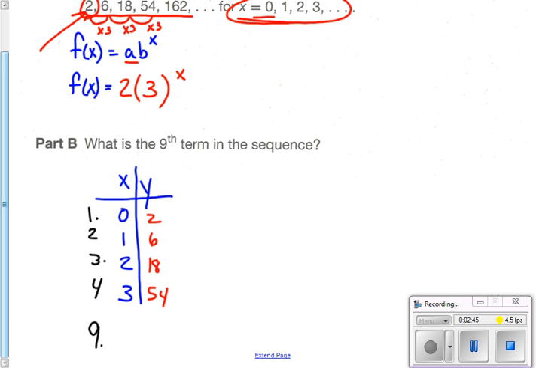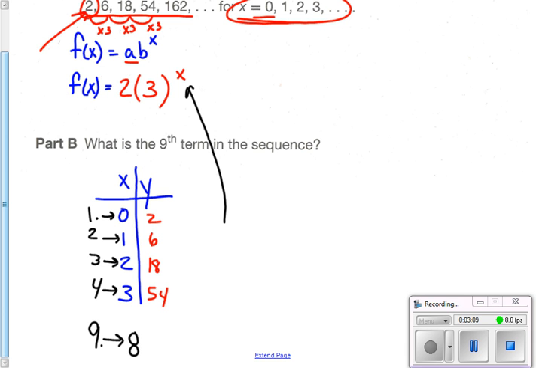Well, if you look at it, the first term is 0 for x. So that's what you would put in for x up in your equation up here. The second term is 1. The third term is 2. The fourth term is 3. So the ninth term is going to be 8. So we would substitute in 8 for x in our equation up above.